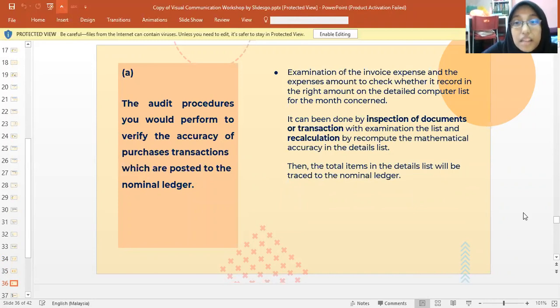It can be done by examination of the list and recalculation, recomputing the mathematical accuracy of the detail list on the computer. Then once the examination is done and it is matched, the total of the items in the detail list will be traced to the nominal ledger. Next, I will proceed to Math.